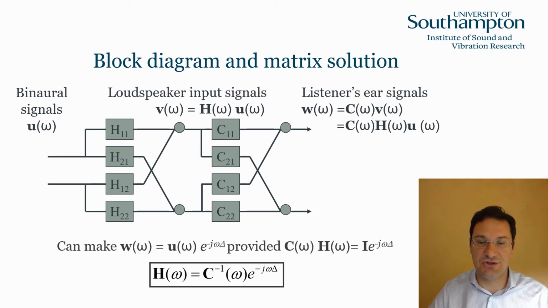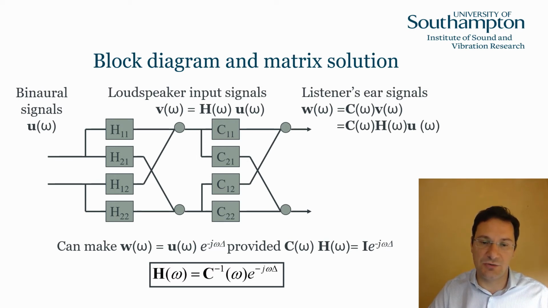The obvious choice here is to design the crosstalk cancellation filters in such a way that they compensate for the effect of the plant matrix C. So we can design the crosstalk cancellation filters H as the inverse of matrix C. In such a way, the product of C times H gives the identity.